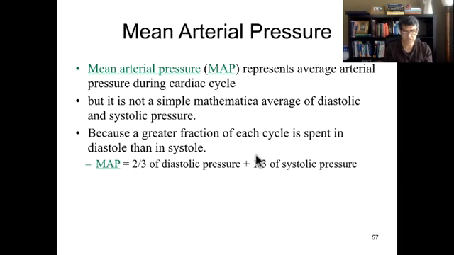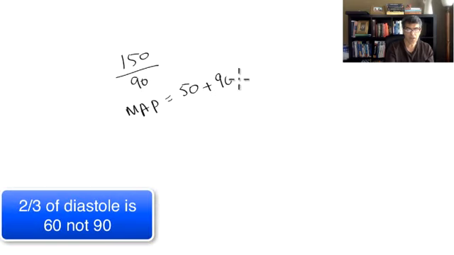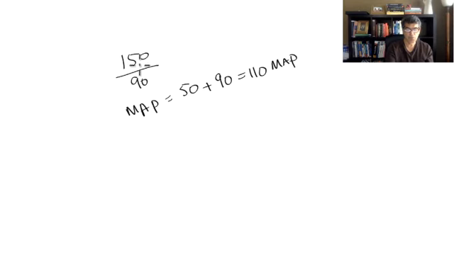Since the heart stays in diastole twice as long, we say mean arterial pressure should be 2/3 of diastole and 1/3 of systole. We can also measure mean arterial pressure by taking the pulse pressure, getting 1/3 of it, and adding it to diastolic pressure. For instance, if someone's blood pressure is 150/90, to take mean arterial pressure, I'm going to take 1/3 of systole, which is 50, and 2/3 of diastole, which is 60, and that is going to be my mean arterial pressure, right? So 1/3 of systole, 2/3 of diastole.